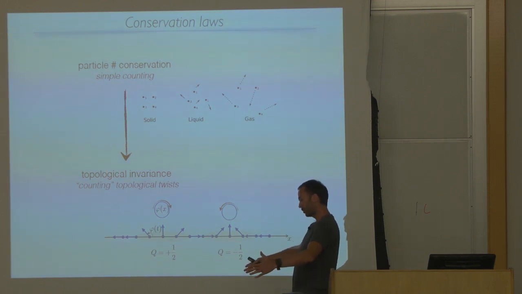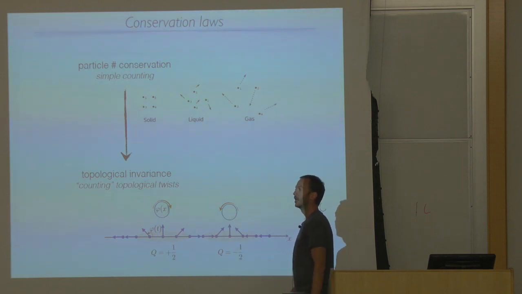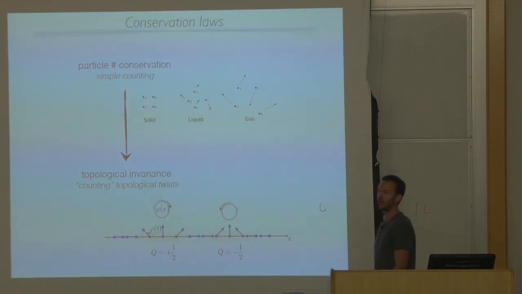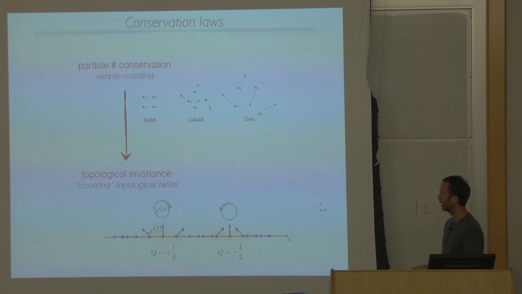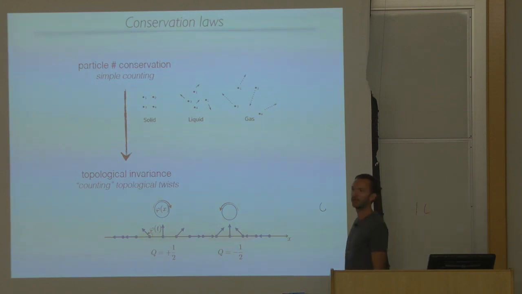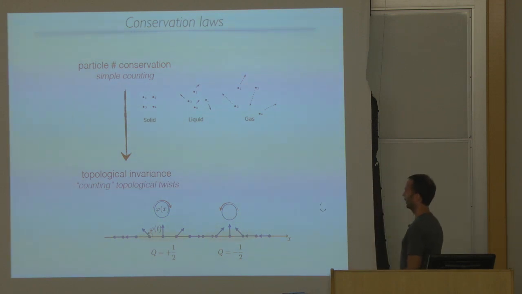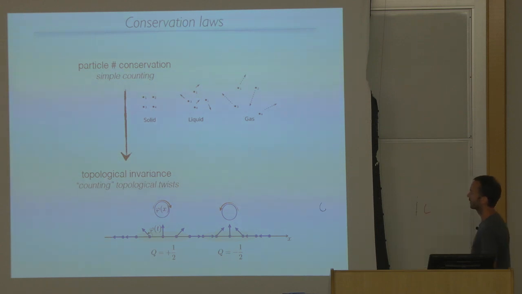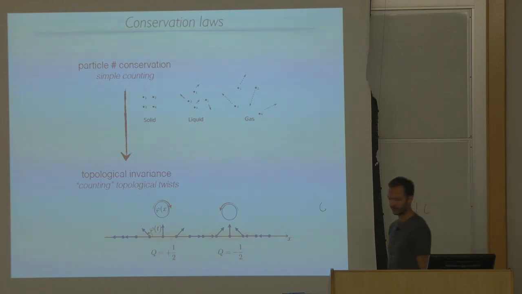The total winding is conserved, but of course it can shuffle from one part of the system to another, so we can develop a hydrodynamic description of that shuffling. Okay? So this is just rephrasing for the people familiar with superfluidity. This is also how you could think of superfluidity in one dimension, and the topological stability of superfluidity has to do with the conservation of such twists.